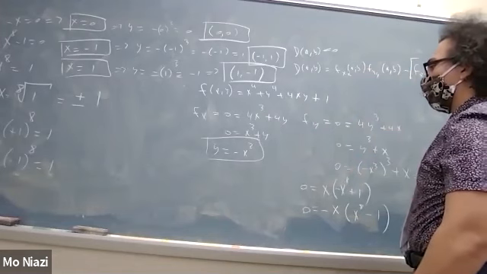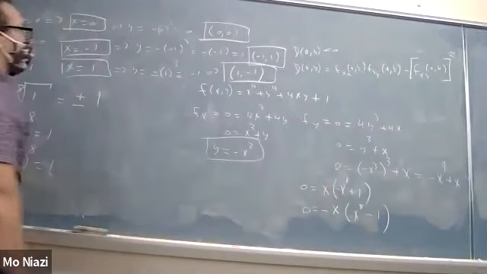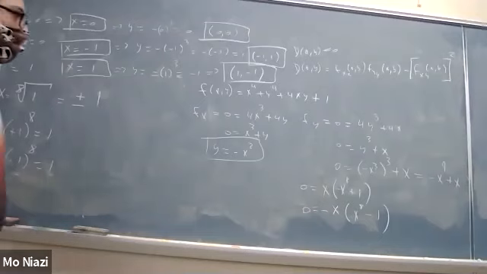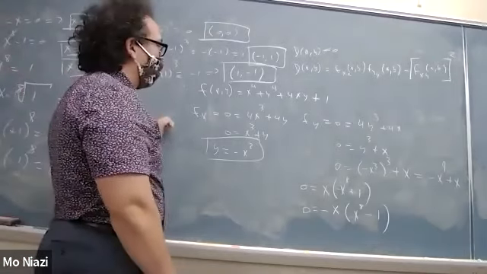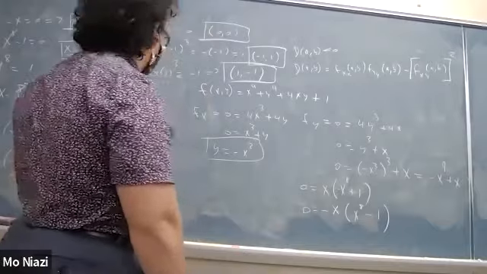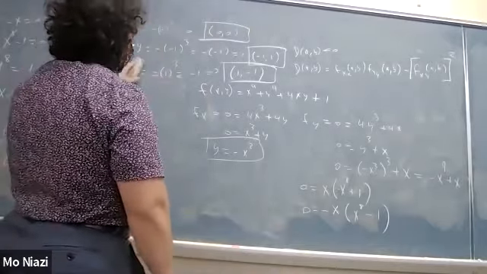Y is equal to negative x cubed, right? So y is equal to negative 1 cubed, which is negative 1, which is positive 1. Oh, I know why. I'm plugging it into the derivatives, not into the original function. That's why it's going wrong.